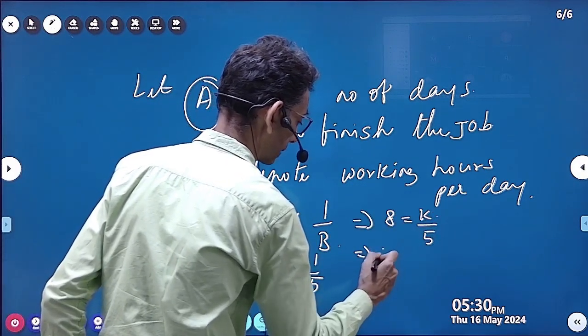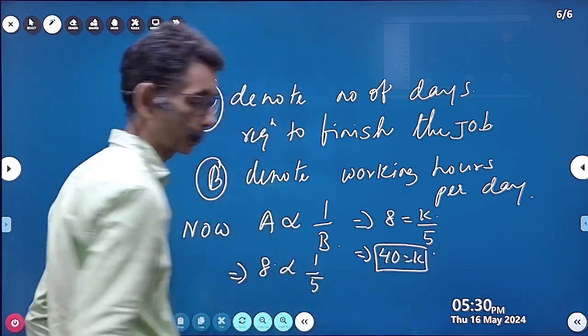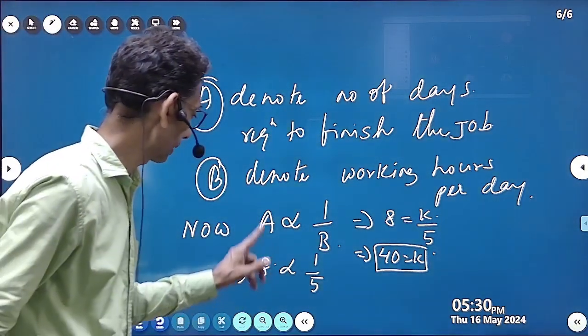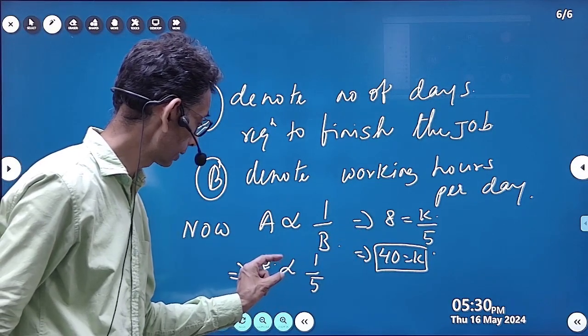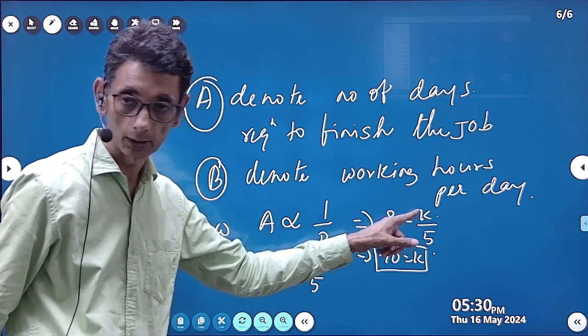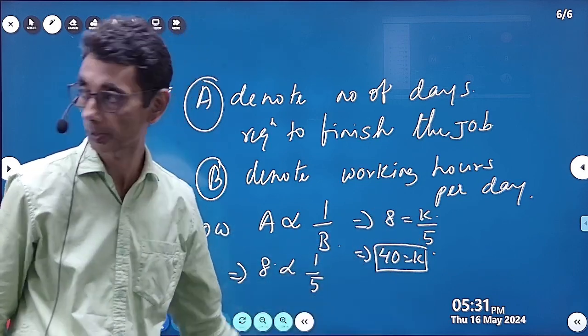That means 8 times 5 is 40. What value of K did you get? 40. You got the constant. Here they gave the A value 8 and the B value 5. If you write the proportional sign it becomes an equal sign with a constant K. Cross multiply: 8 times 5 is 40. So you got the value of K. K is equal to 40.